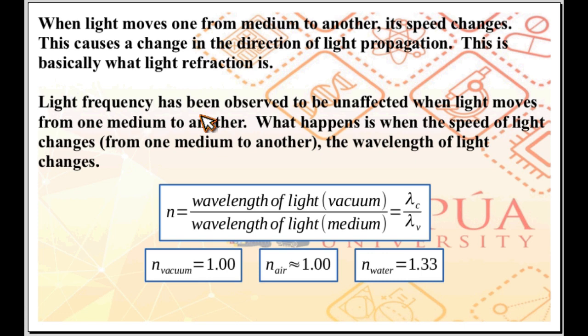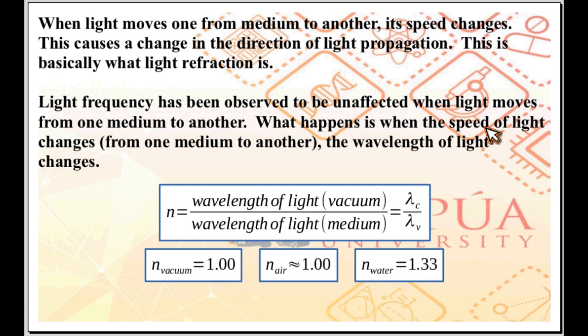Light is a periodic wave. If we use the equation for speed of light for a periodic wave, v is equal to f lambda, with v1, v2, f is constant, which means wavelength will change from lambda 1 to lambda 2.